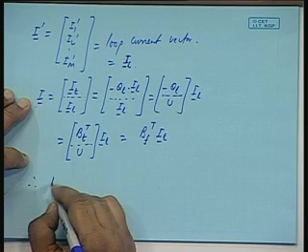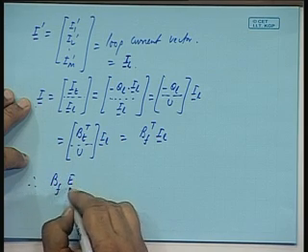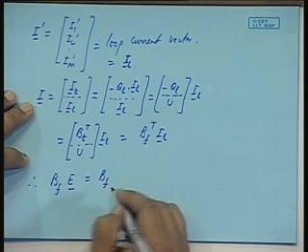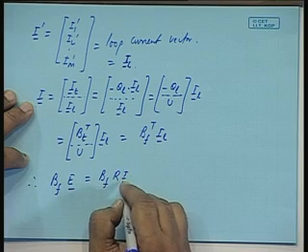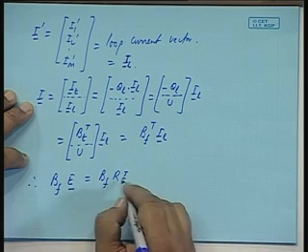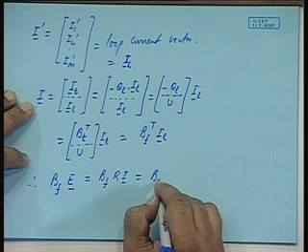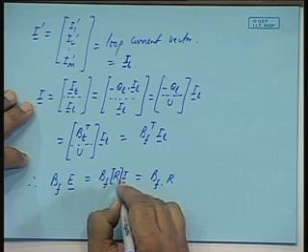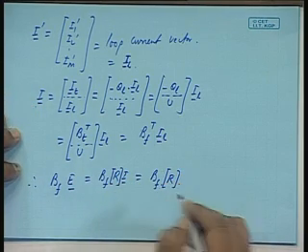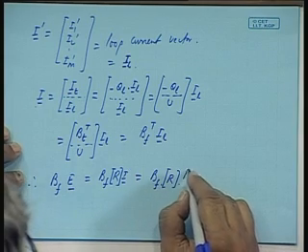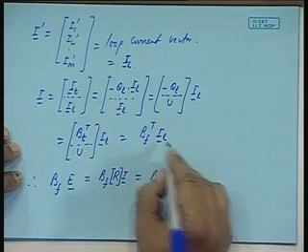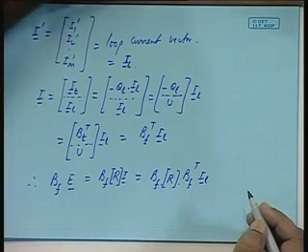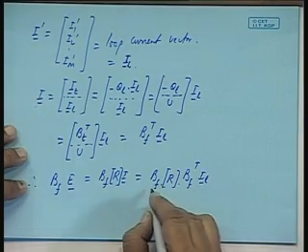Therefore, BF into E I can write as BF into R into I, since E is equal to R into I. Actually, I should write matrix R to be more specific, into BF transpose IL, and this we are defining as R dashed.